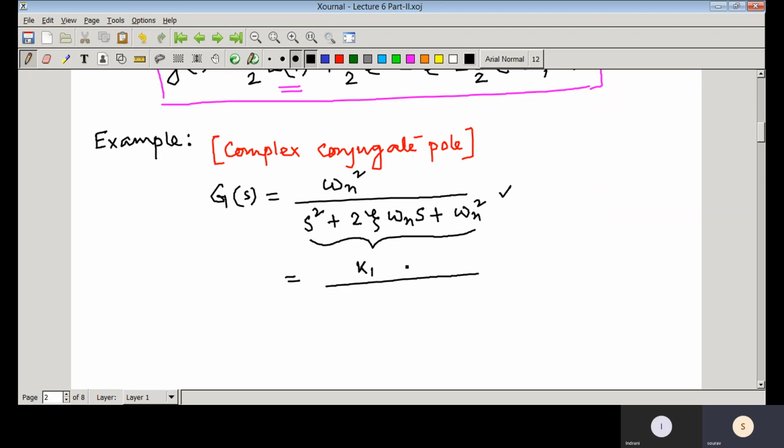So two poles are there, and I am writing that expression in partial fraction form. So K1 over s plus zeta omega n minus j omega n root 1 minus zeta square, where instead of writing xi, I will just write zeta.